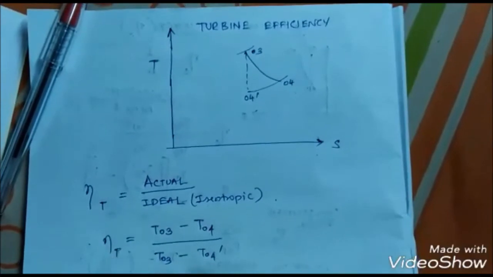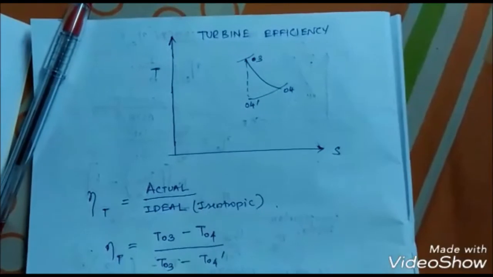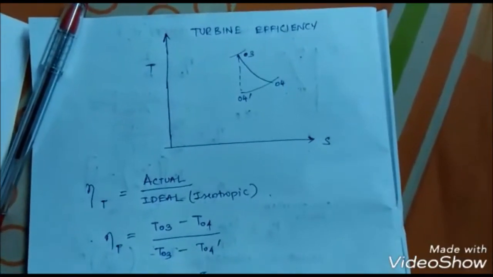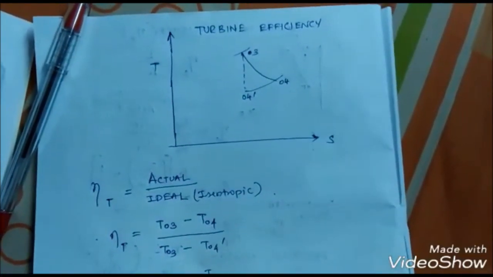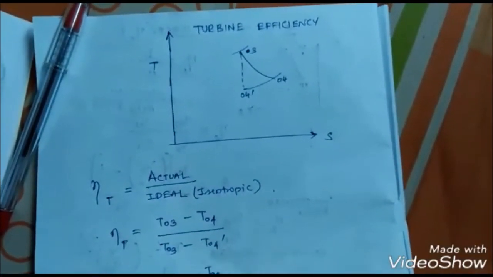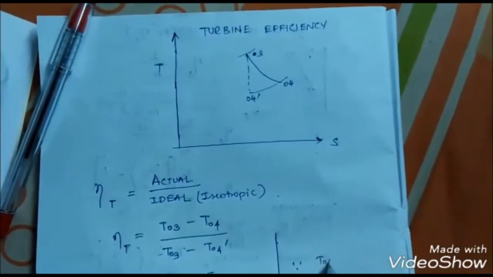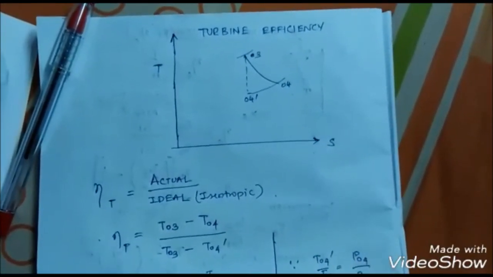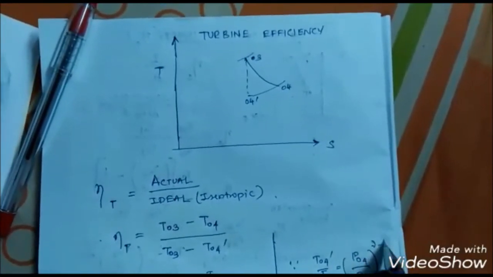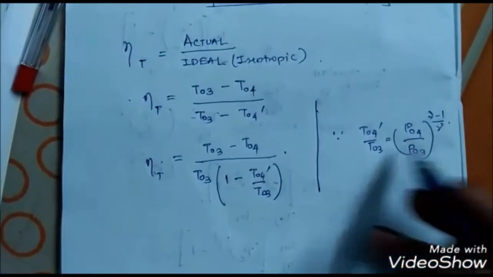So eta T. Okay, now similarly here, T03 minus T04 divided by T03, let's take it common. It is 1 minus T04 dash by T03. So we know that T04 dash by T03 equals P04 by P03 to the power gamma minus 1 by gamma.